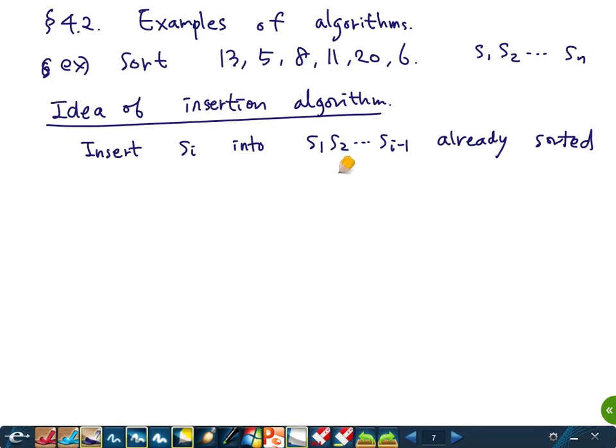So insert this one in the right place, and that gives you the sorted sequence of the first i elements. Then insert the next element into the already sorted numbers, and do this over and over until you insert the last number. After inserting the last number, all numbers will be sorted.